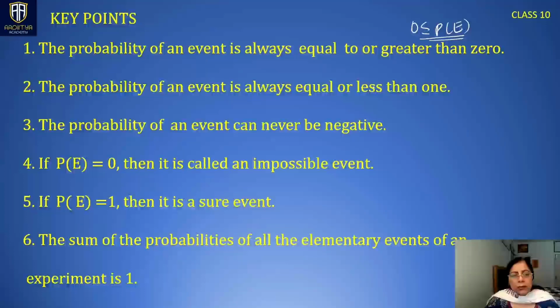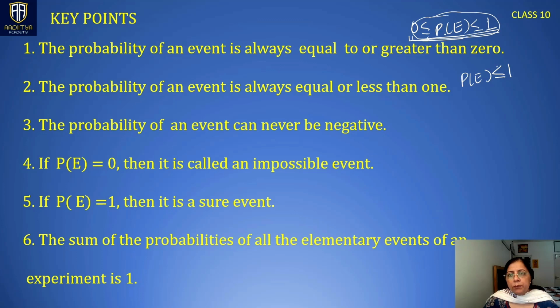So the next point is, the probability of an event is always equal to or less than 1. So probability of any event is always equal to or less than 1. So the least bound for probability of an event is 0 and the upper bound for the probability of an event is 1. That means if we combine these two, we get this result.